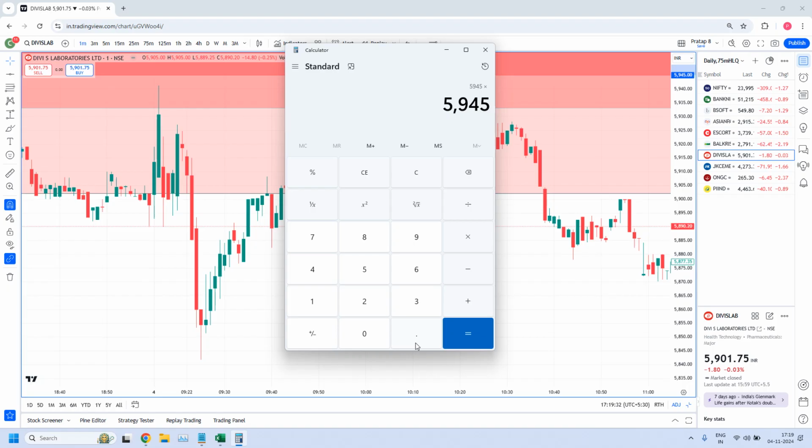Into 0.1, because we use a maximum of 0.1 for entry buffer, divided by 100, you get 5.945, so 5 rupee 95 paisa is your entry buffer. Minus 5.9, because below you need to add, so minus 5.9. What is it that you got? 5939.1 is our entry.